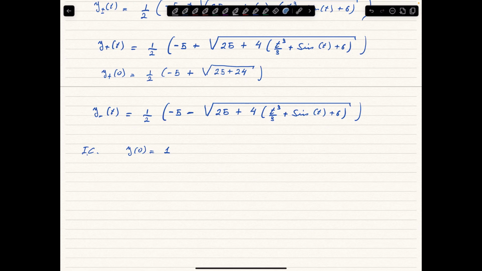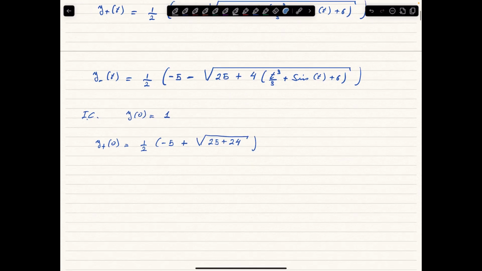I should have done this calculation down here where I have more space. Okay. What is that?